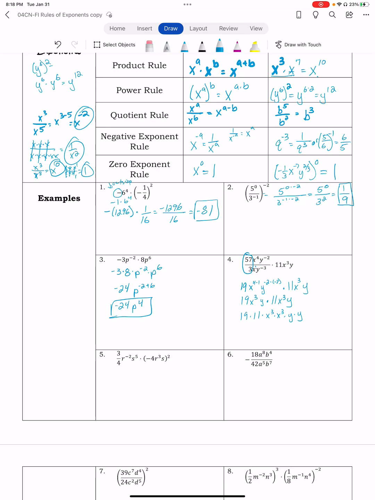And so this is going to be 209 x to the 6th, y to the 2nd.